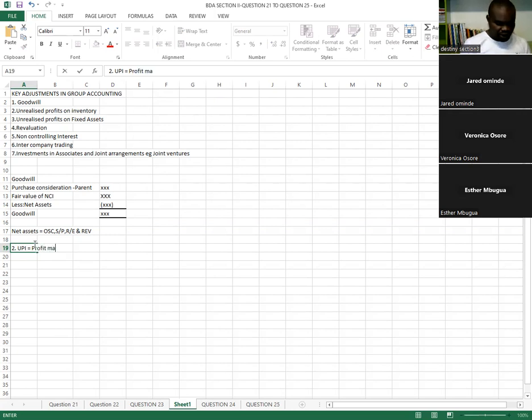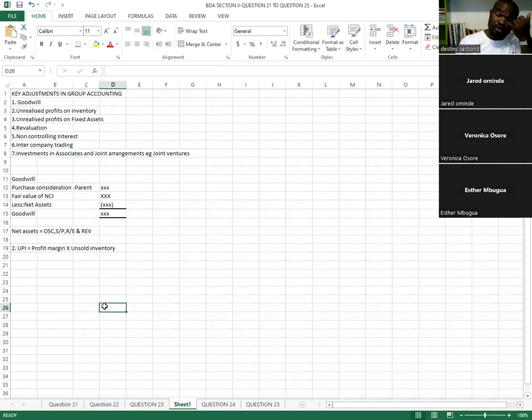You take the profit margin, then you multiply with the unsold inventory, the inventory which remained in the store. When one group member sells to another group member, and that group member fails to sell some part of the entire consignment, to get the unrealized profit you take the profit margin and multiply with the unsold.